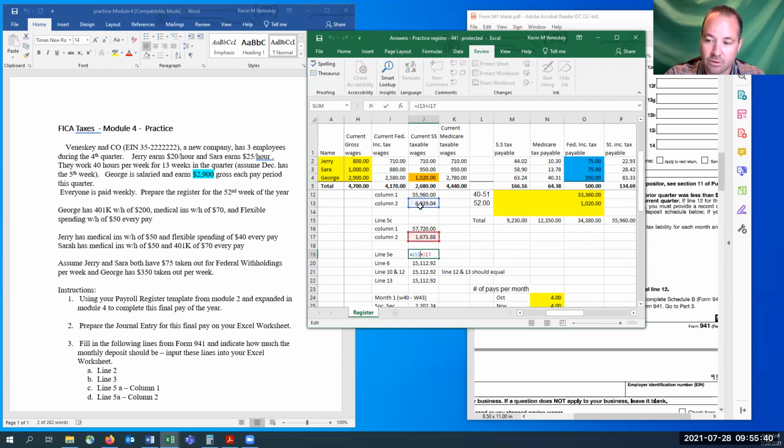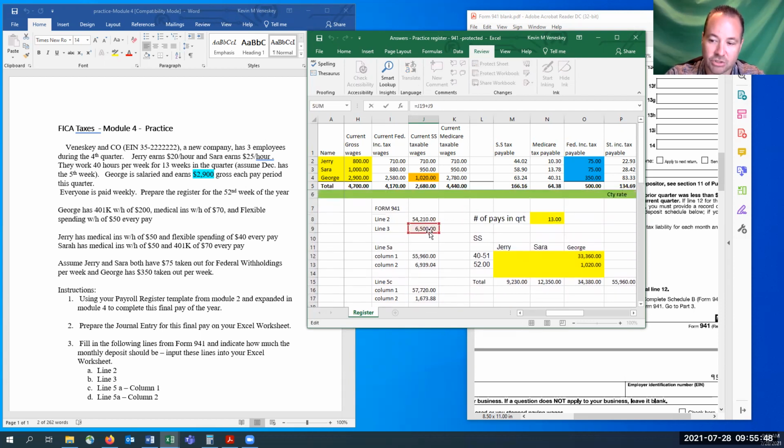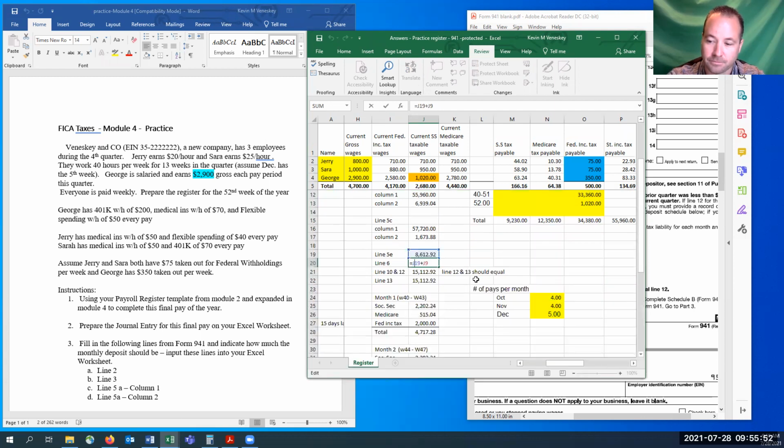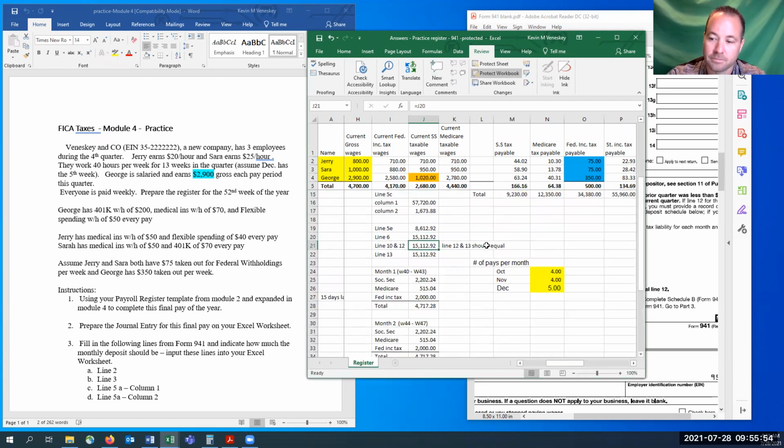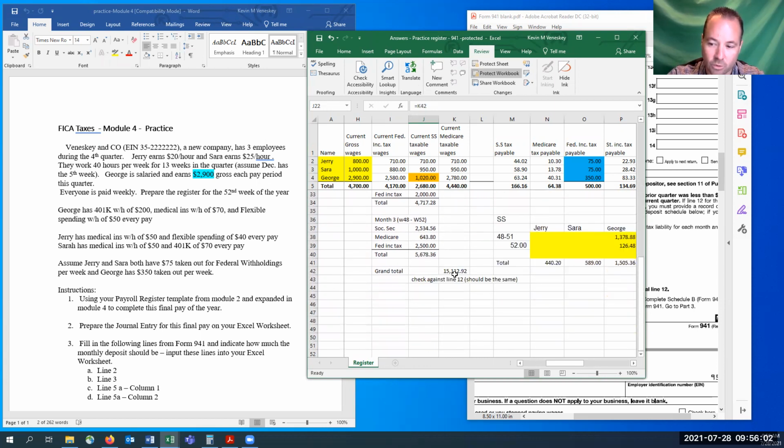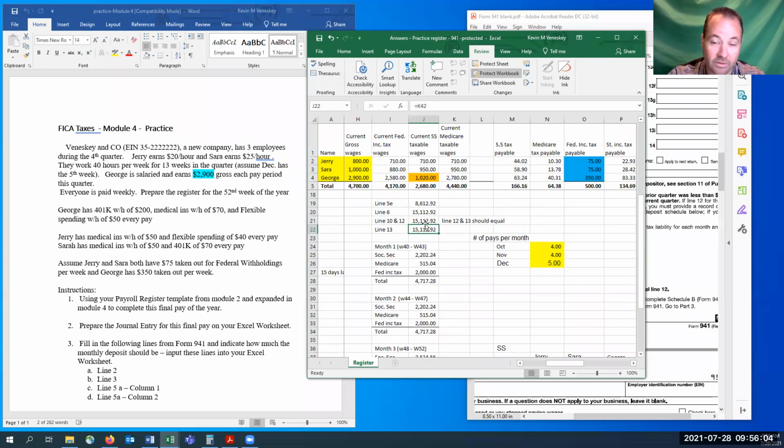It's just going to be your 2 FICA taxes. Line 6 should as well. It's going to be your FICA tax plus your federal withholding. And then line 10 and 12 will be this. And then we always check to see, did line 13, which is our total down here, equal? And they do, but we're going to see how we got to those.